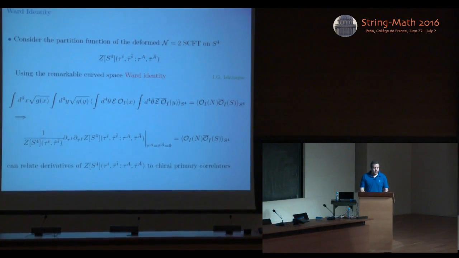We will get a ton of mileage from the following interesting curved space Ward identity. Let me just mention it because this plays a key role in getting to the answers. This Ward identity makes the following observation.